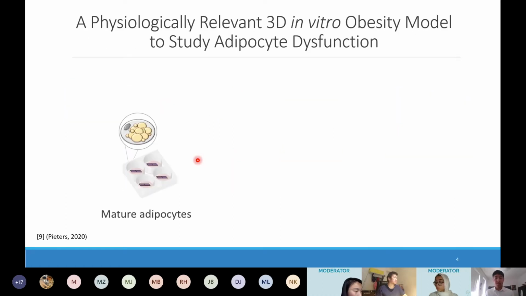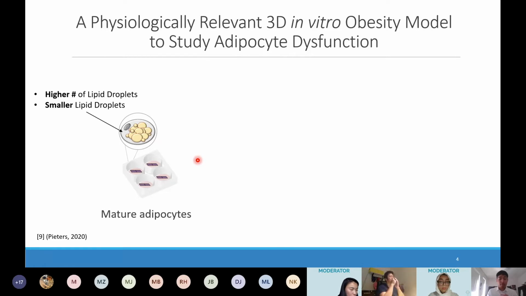Hence, the McGugan lab has developed a more physiologically relevant 3D in vitro obesity model to study adipocyte dysfunction. Like mentioned in the previous slide, first these lipids are stored in lipid droplets of adipocytes, and these lipid droplets are numerous and of varying size.